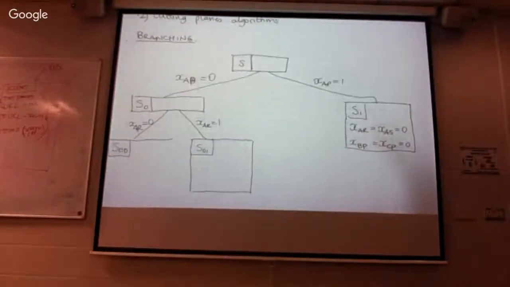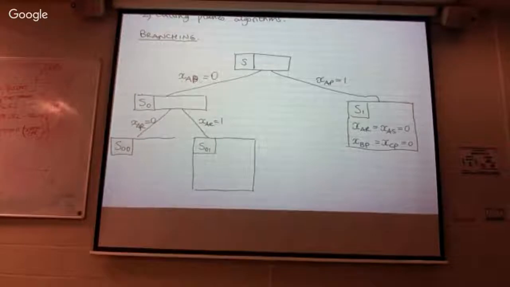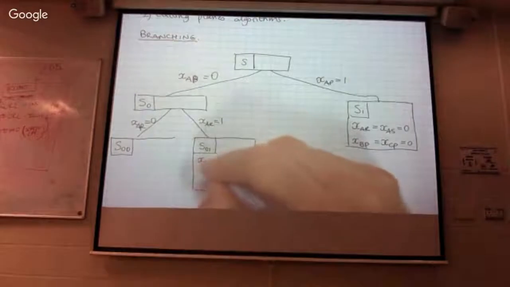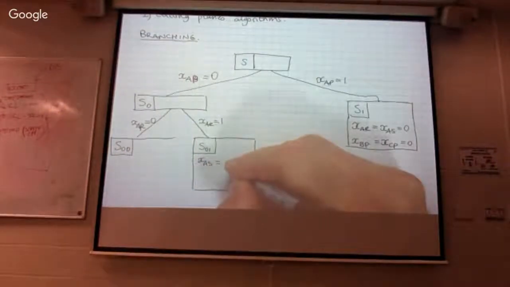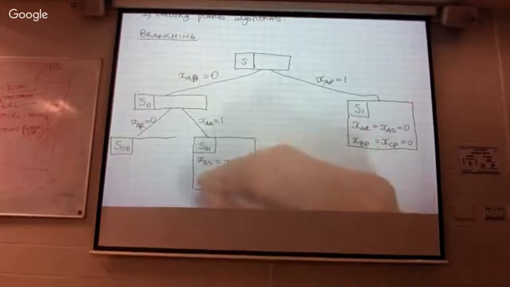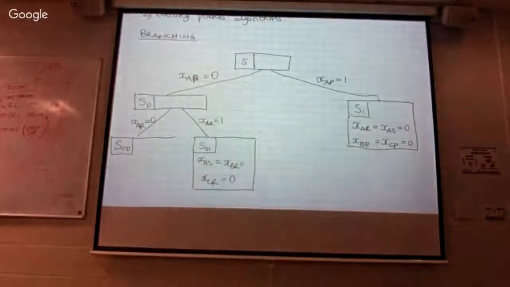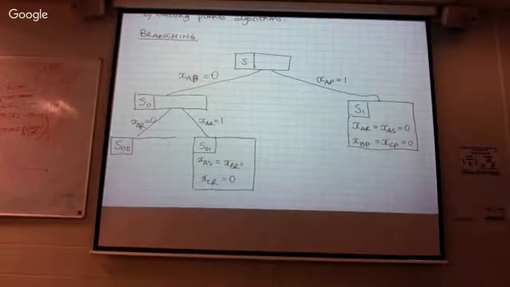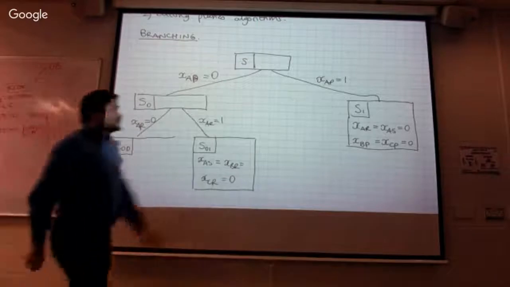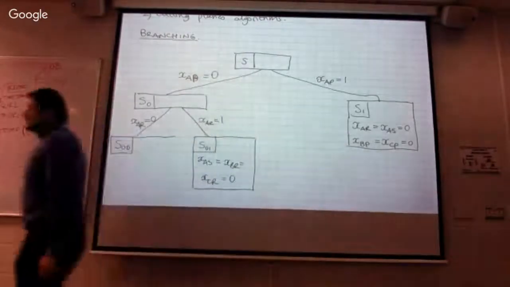Because of what the constraints were like, we need that XAS, XBR and XCR have to be 0, in the same way as we said here.